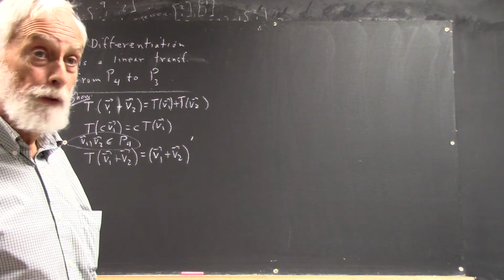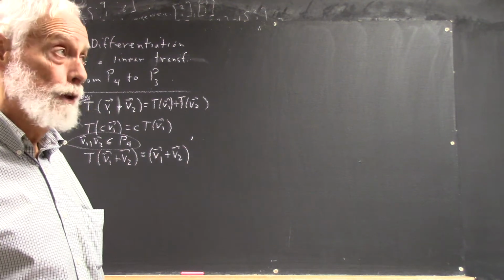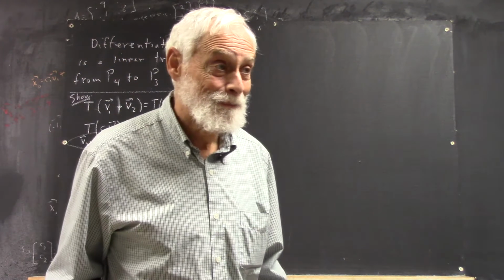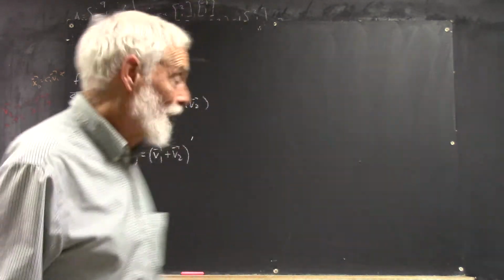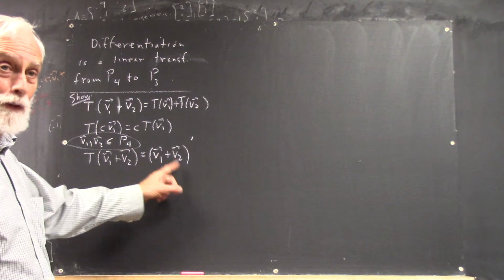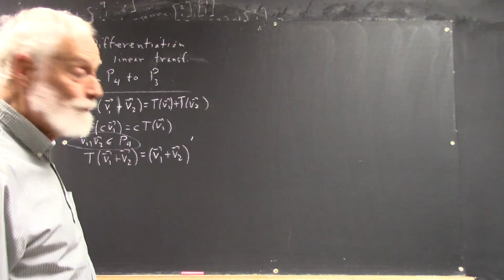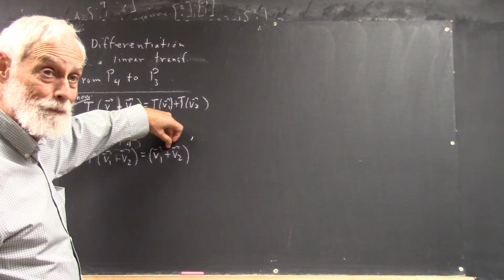You know how to get the derivative of the cosine of x? You know how to get the derivative of e to the x? So how do you get the derivative of e to the x plus cosine x? Take the derivative of each and add them, because that's a property of derivatives. If you take the derivative of the sum of two functions, you get the sum of the derivatives. So the derivative operator sort of distributes over addition.